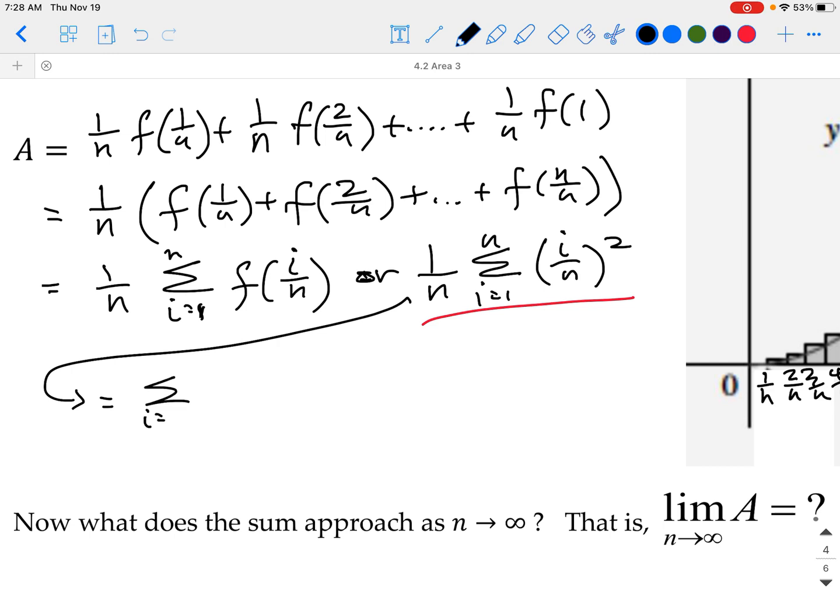So note we could have the sum i equals 1 to n. I'm going to rewrite this as i squared over n squared, individually squaring each term. And then I'm going to move that 1 over n inside. So what we end up with is i equals 1 to n of i squared times 1 over n cubed.